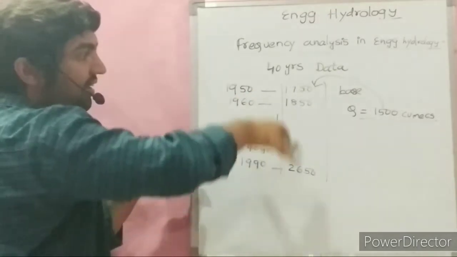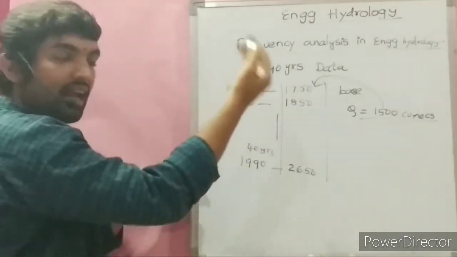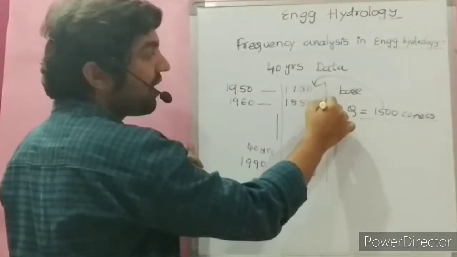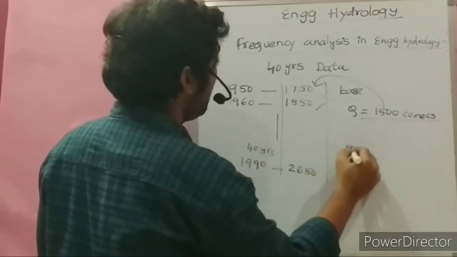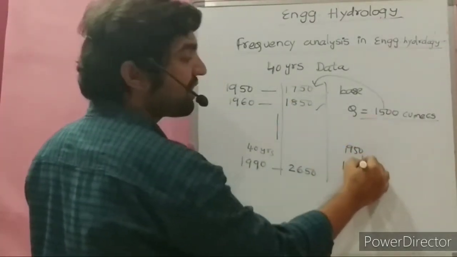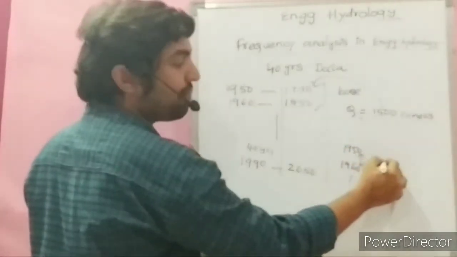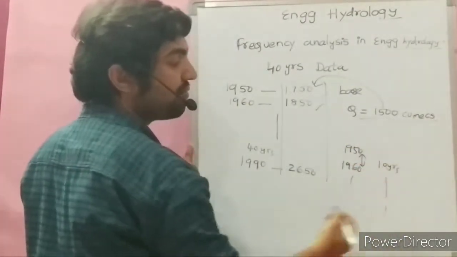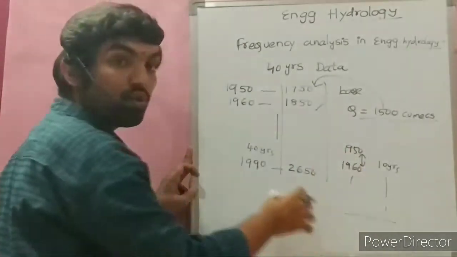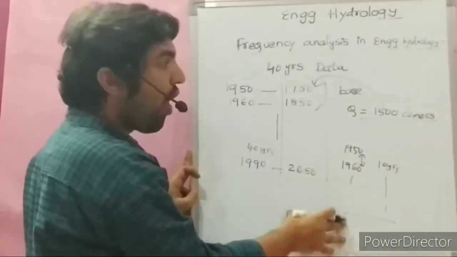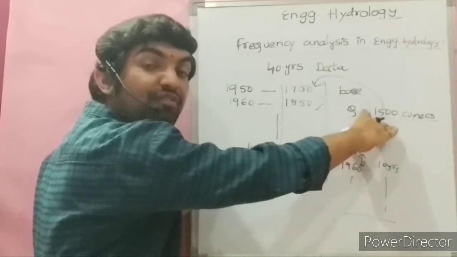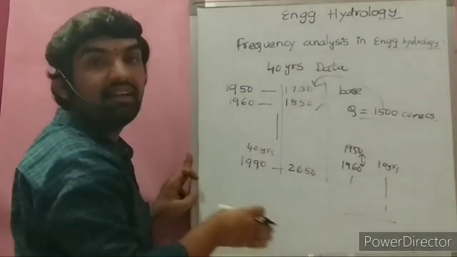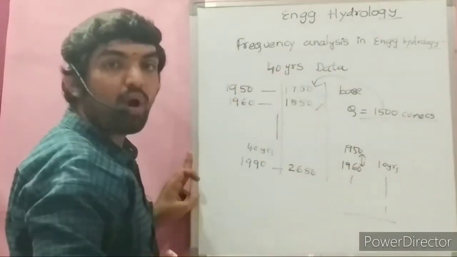Check the data for 40 years and see in which years we are getting more or equal. Like that you will get 1950, 1960, all these years are exceeding. What is the gap? 10 years. Like that, during these 40 years, how many years is the flow equaling or exceeding this 1500? You check.